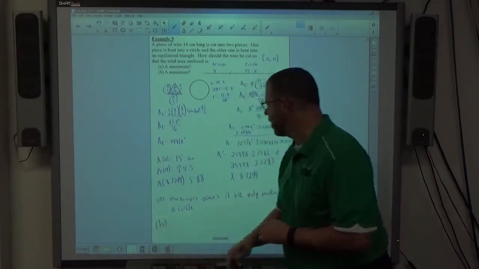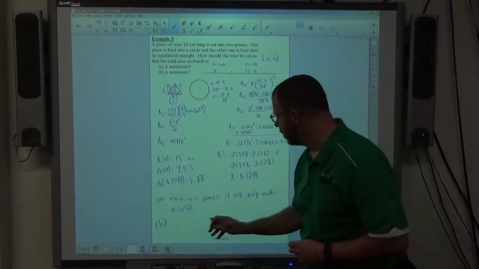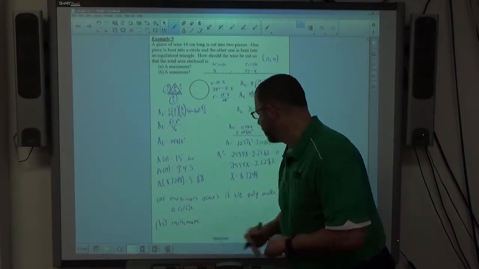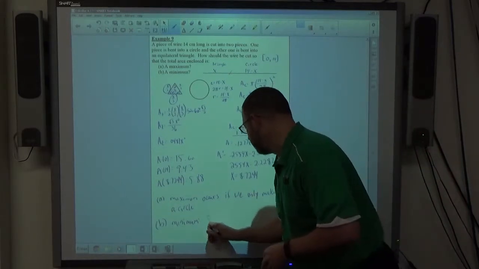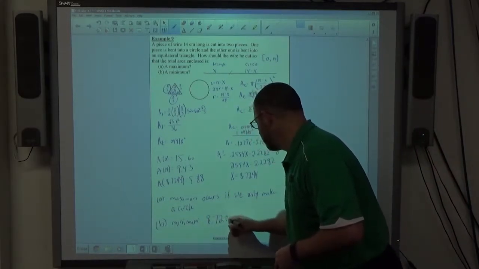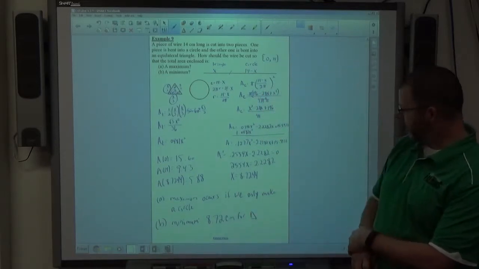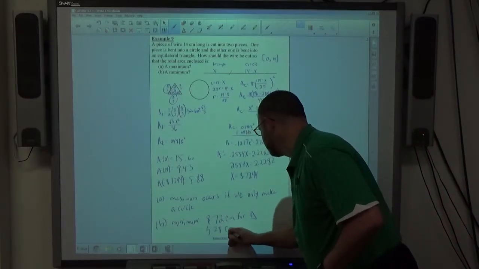Part B, the minimum occurs when x equals 8.7244. So minimum: we're going to use 8.72 centimeters for the triangle, and then the leftover, which would be 5.28 centimeters, for the circle.